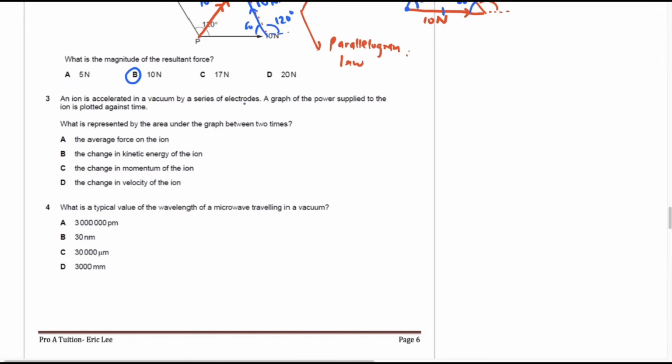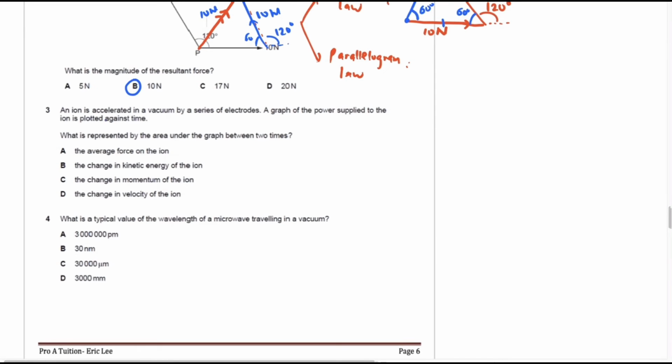Okay, so they tell us something that we are not familiar with. They talk about ion accelerated by a series of electrodes. So maybe you know this or maybe you never heard of this, but it's okay. Then they tell us a graph of the power supplied to the ion is plotted against time. So our graph is going to be like this.